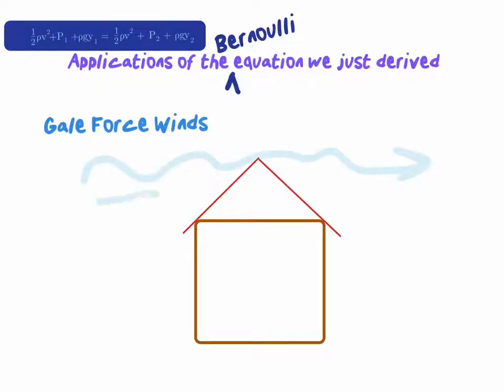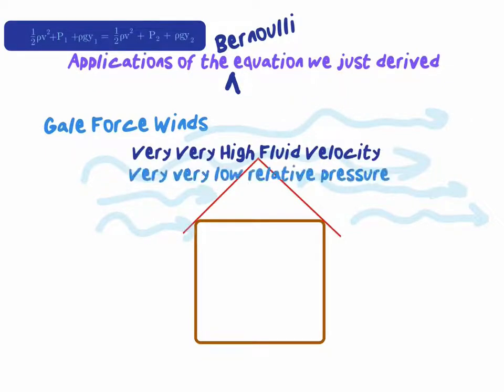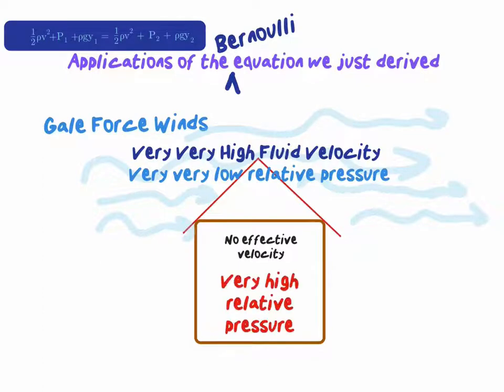Up here above the roof, the winds are blowing very fast, so I have a high fluid velocity and therefore a very low pressure. Now on the inside of the house, because everything's boarded up, the velocity is basically zero. So there's an extremely high pressure inside the home compared to outside, and the house will actually push its own roof off. So roofs get blown off during a storm, not because the wind is necessarily physically pushing the roof off, but because of the pressure difference that's created.